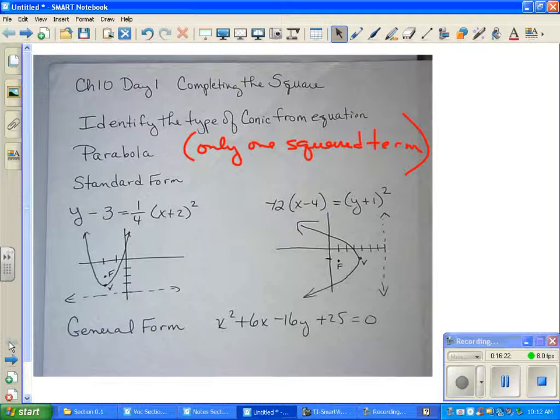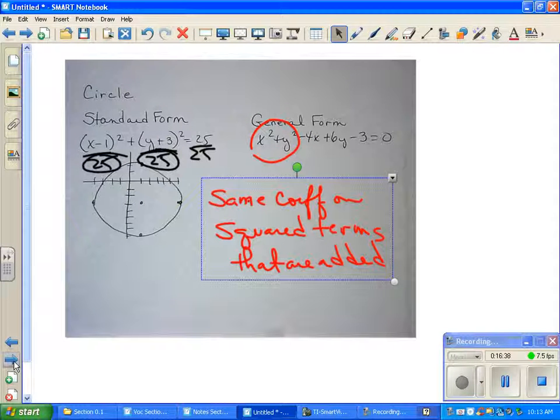And I know this one's going to touch 3, because if I set that equal to 0, it'd be 3, wouldn't it? I can't see that in general form. That's why we're going to have to learn completing the square. We're going to have to learn how to take this formula in general form and turn it back to standard form. And as you can see, for each conic, the format is slightly different.